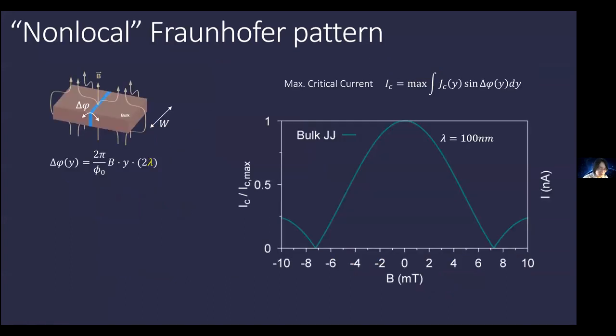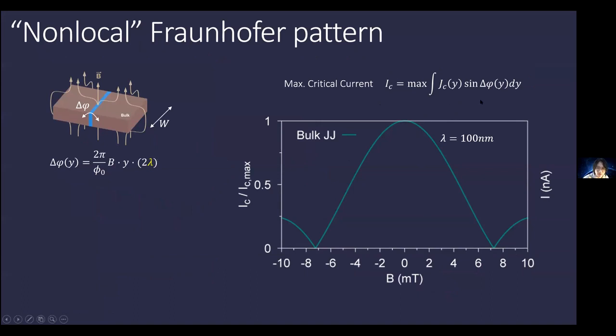So this would also have an impact on the Fraunhofer pattern one might expect from a 2D superconductor. According to the Josephson relationship, the current in the Josephson junction is related to the phase difference across it. For a wide junction, you need to integrate the critical current density times this phase difference over the width of the sample.